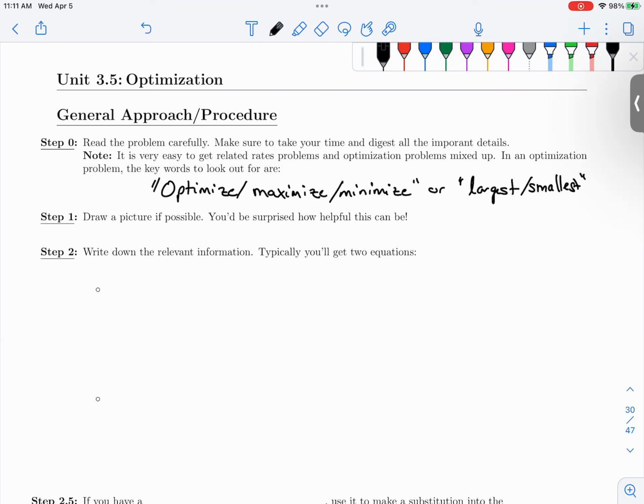There are typically two equations that you get in an optimization problem, specifically for us, because we're usually just dealing with one variable and then a second variable that we write in terms of the other. Typically, you get two equations. One of them is called the optimizing equation.